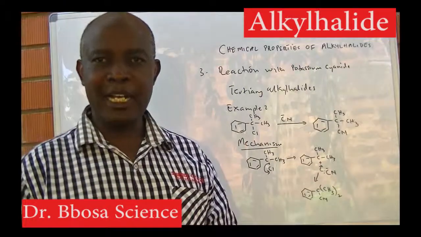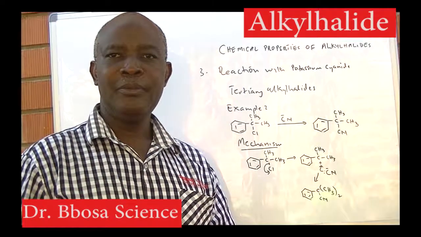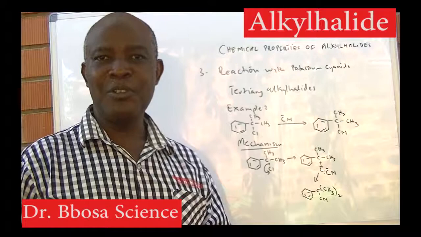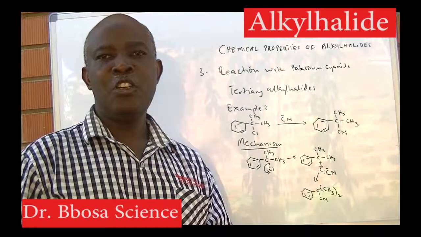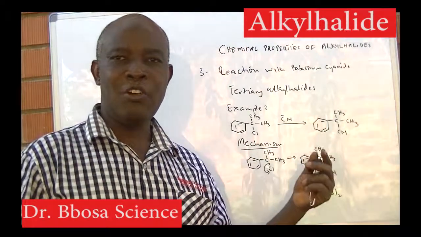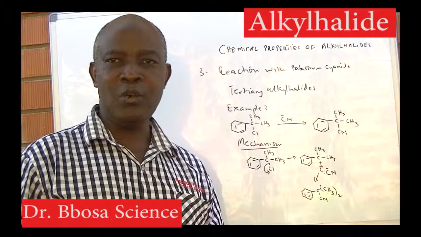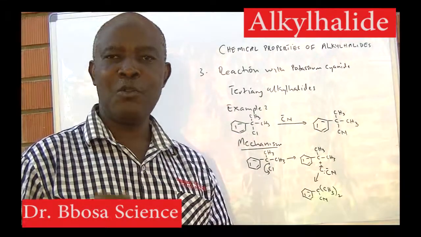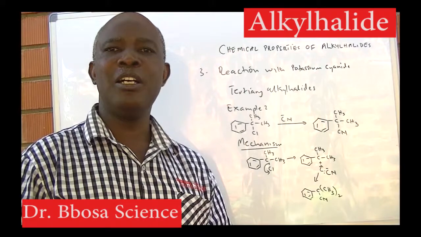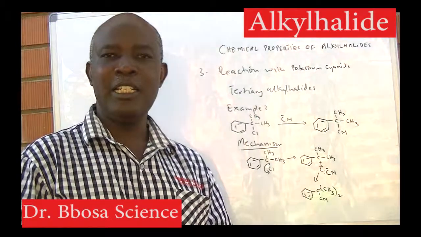By repeating these mechanisms over and over, you get them. So through practice, you'll be able to know whether a compound undergoes SN1 or SN2. Watch this video over and over to make sense of it.